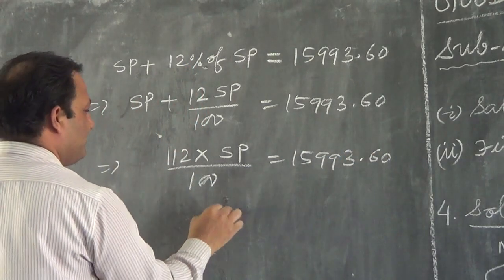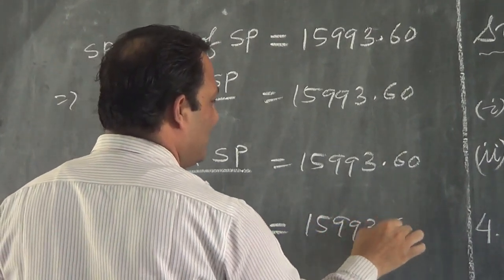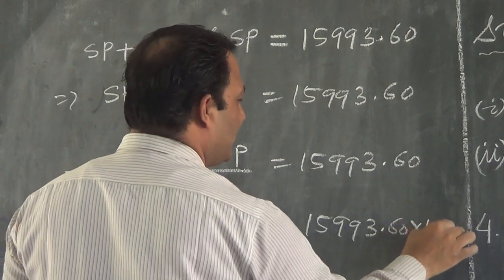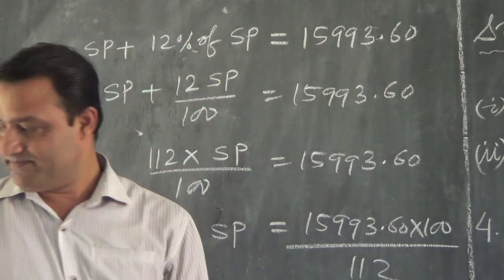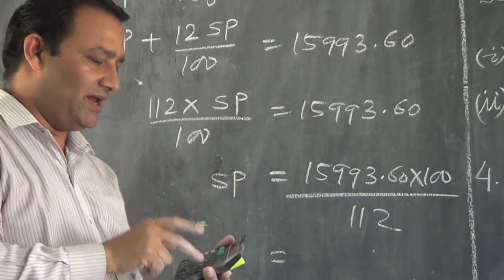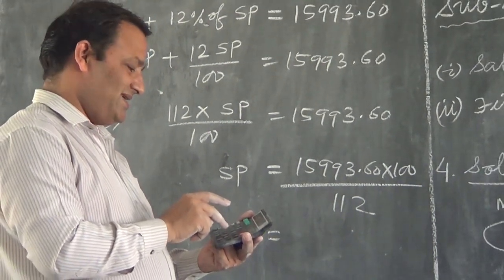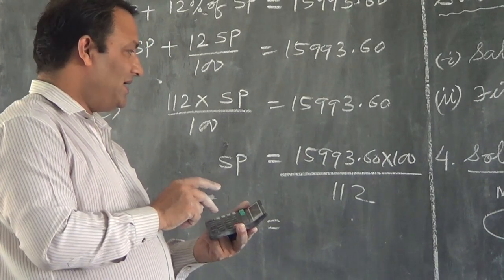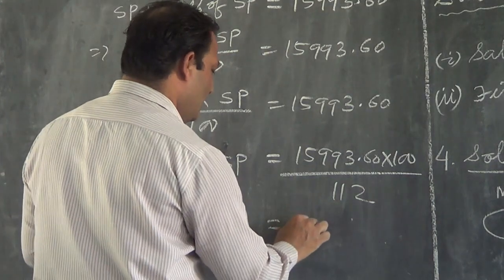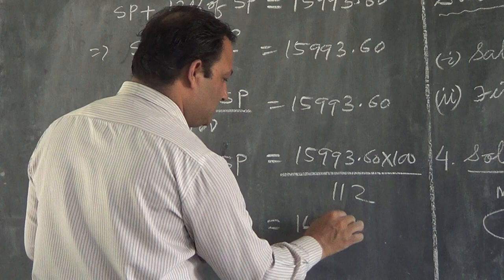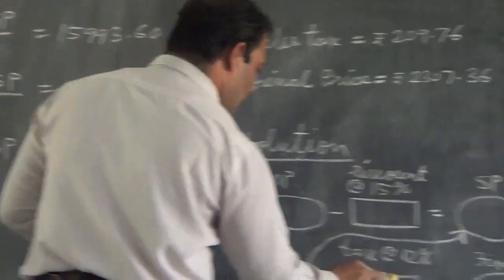That implies SP equals 15993.60 into 100 divided by 112. So we can get the SP here, children. 15993.6 into 100 divided by 112, and our answer is 14280.